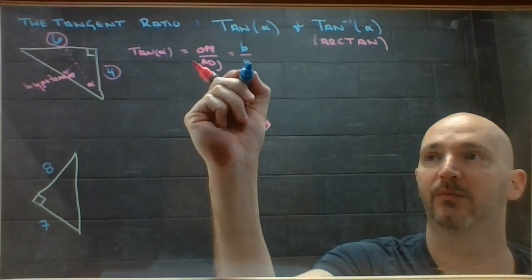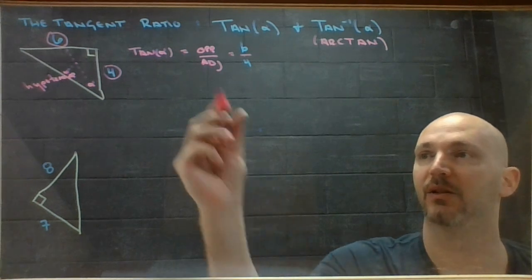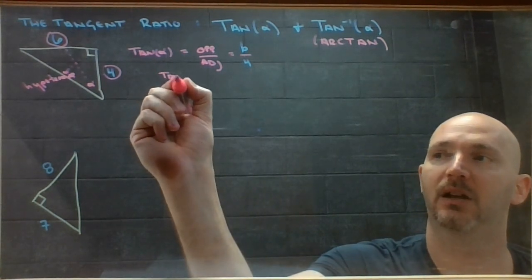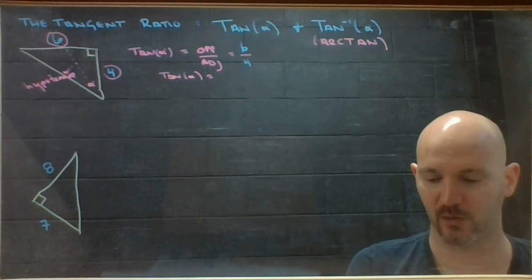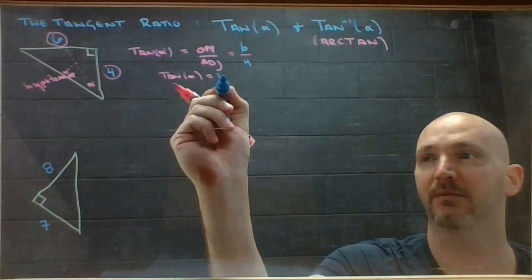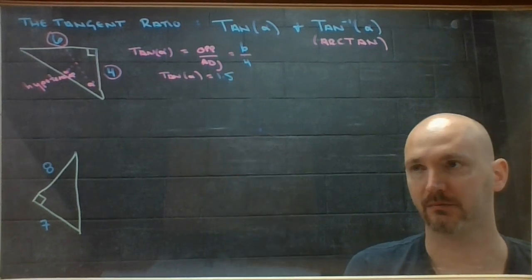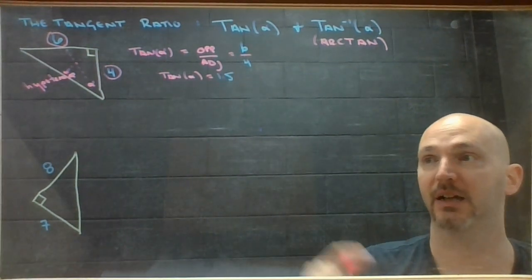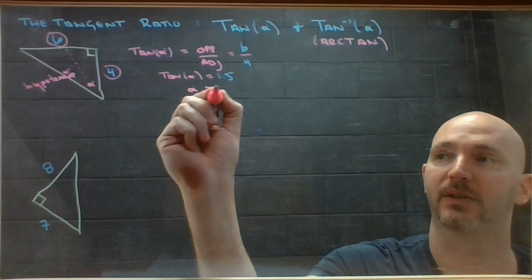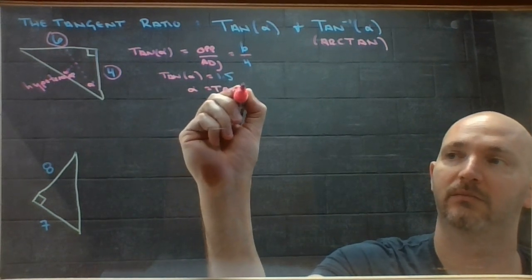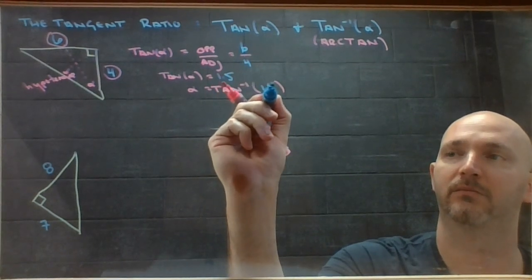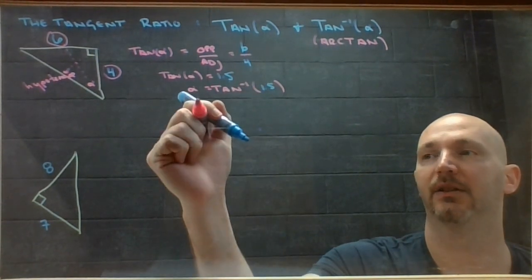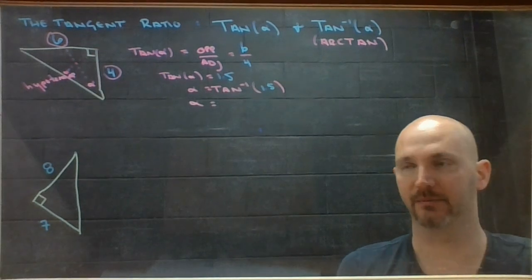And it goes. So I have tan of alpha equaling 6 divided by 4 is 1.5. So to finish that, I throw arctan to the other side. And I just need my calculator to get an answer.